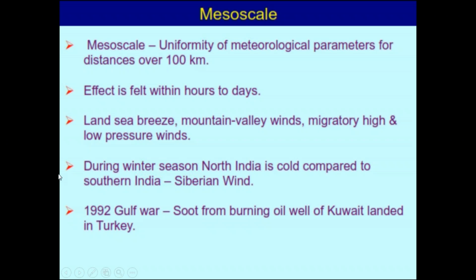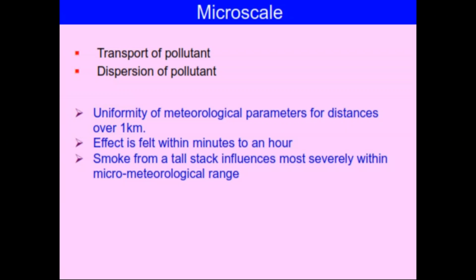During the winter season, North India is cold compared to Southern India. That is one example. Another example is Kuwait in 1992, when the soot from the burning oil wells of Kuwait landed in Turkey. So it covered about 100 kilometers or more in one or two days.